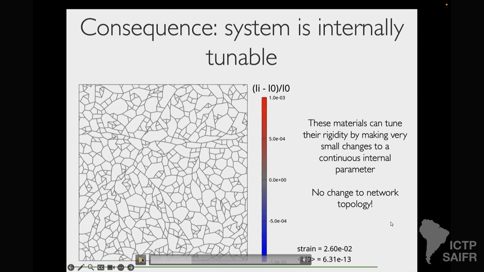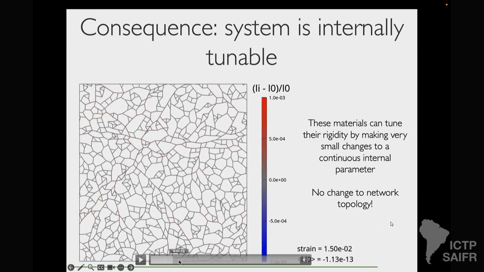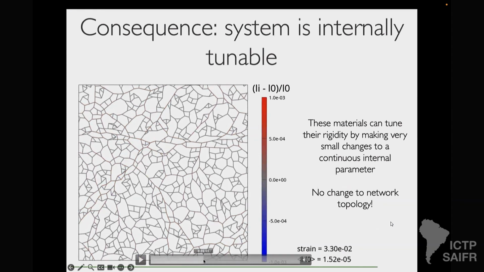Here it's floppy, but right there, I think you maybe saw it. This color is the amount of tension in these bonds. There's a critical point, right about here, at which the system starts to become rigid. It's at a critical value of this internal tuning parameter, which is the rest length of the springs compared to the size of the box.